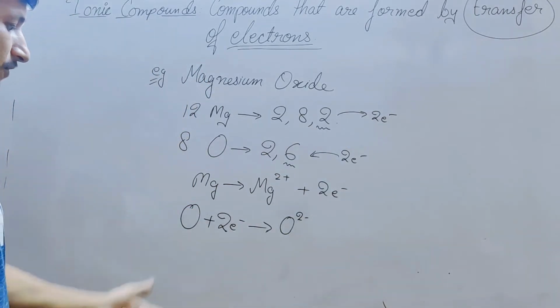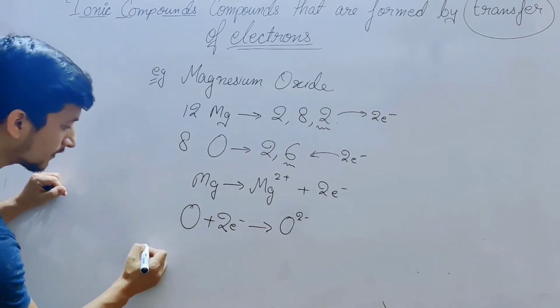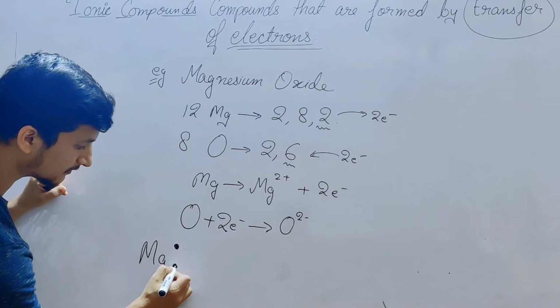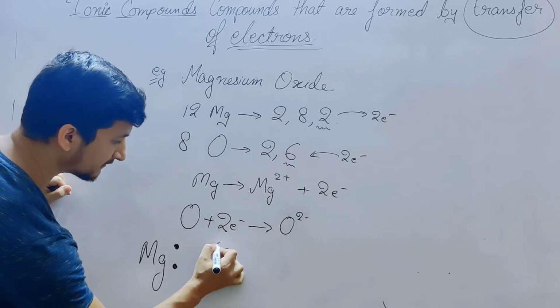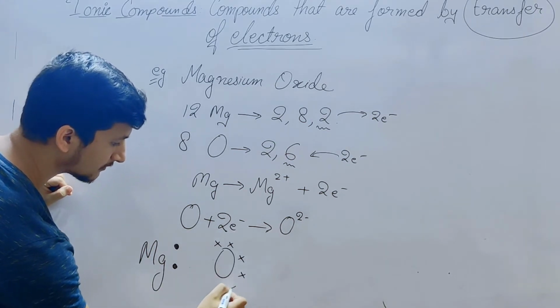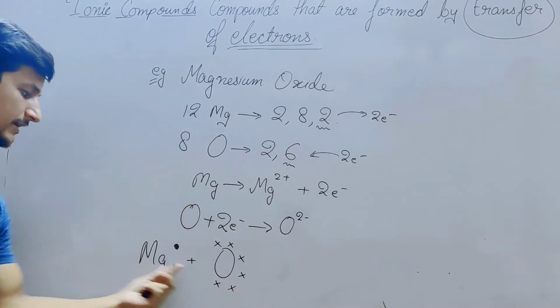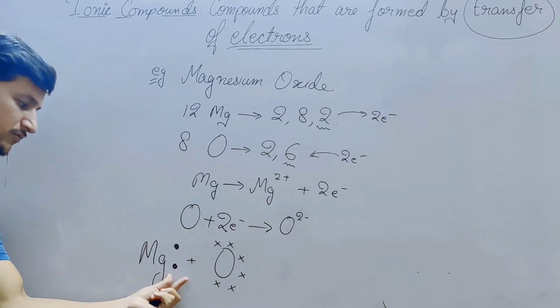And how is this formed? Let us see that. Magnesium has 2 electrons in its outermost shell, and oxygen has 6 electrons. So oxygen needs 2 electrons and magnesium wants to lose these 2 electrons.